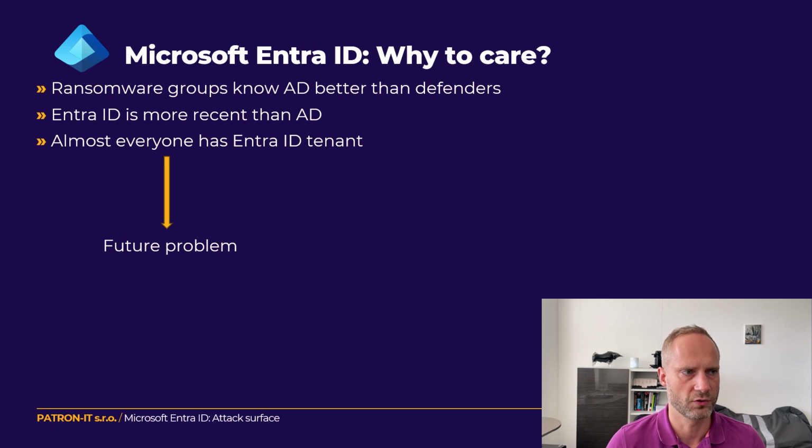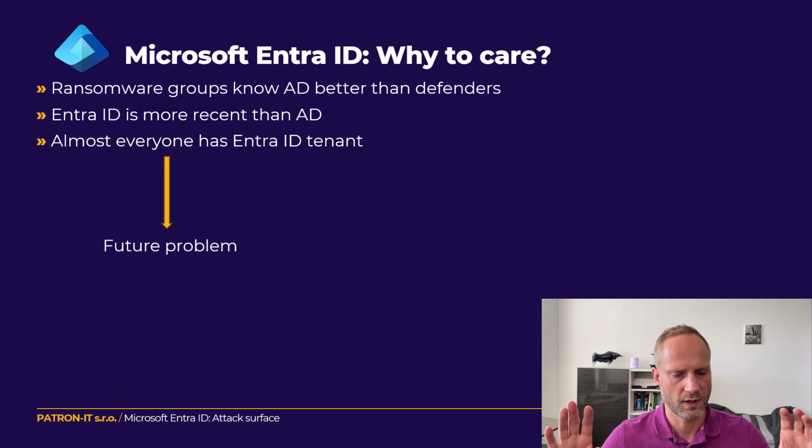That's why many companies find out they are totally encrypted, and the time between initial compromise and full compromise is usually just hours for the attackers, because they can benefit from mistakes that the defenders make.